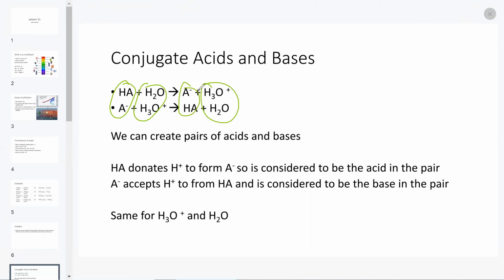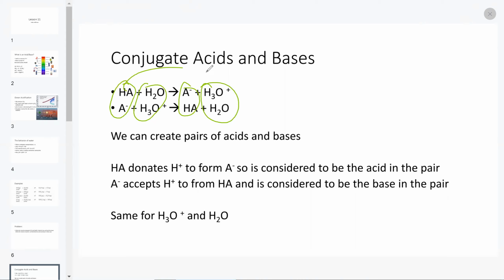We've created pairs of acids and bases. Here H3O+ acts as an acid and H2O acts as a base, right? And HA acts as an acid, A- acts as a base. So we have these pairs of acids and bases.